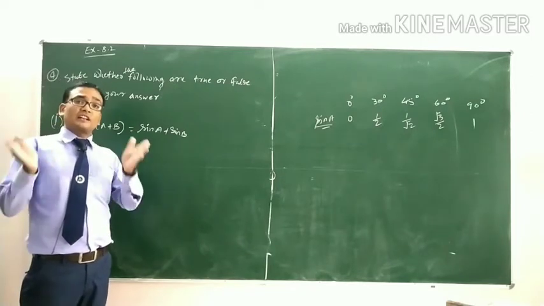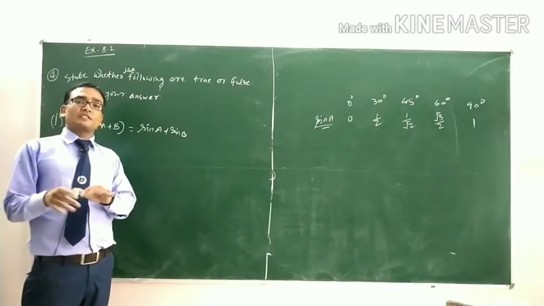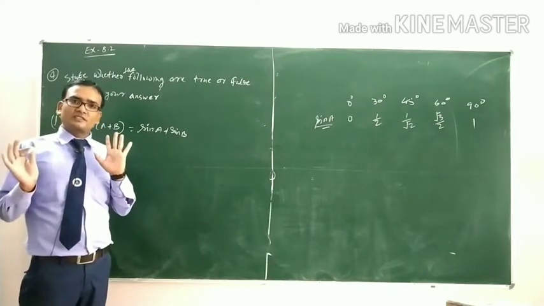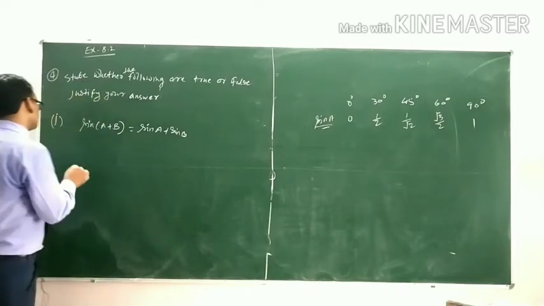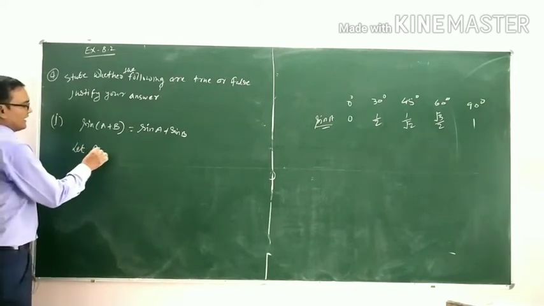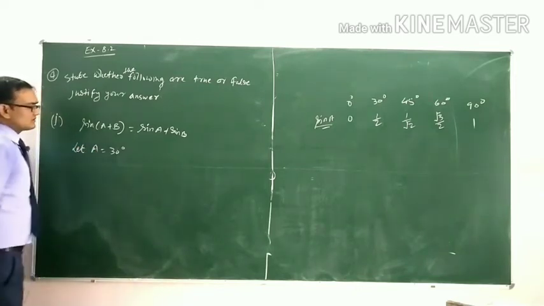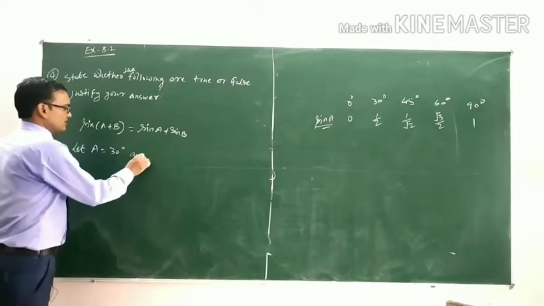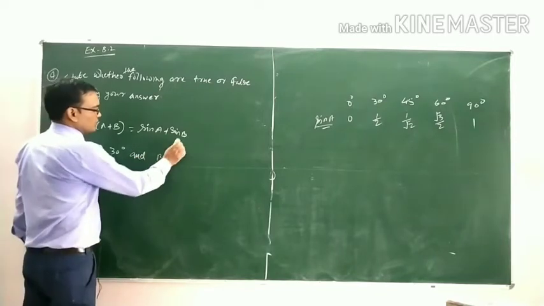If both sides are not equal, then our statement is false. Okay students, let A equal to 30 and B equal to 60.